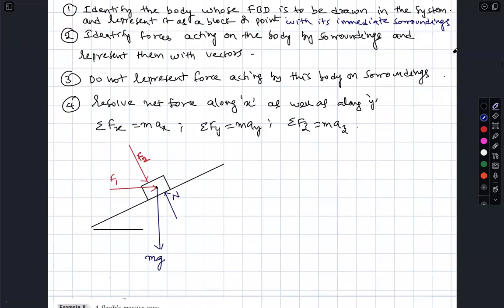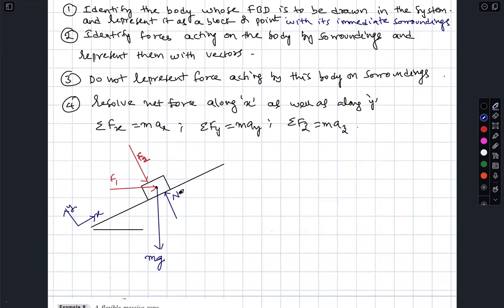So I have shown it with surroundings, and the inclined plane with the horizontal is represented as it is. Now what will I do? I will define this as the x-axis and this as the y-axis. That's all. Now I will try to represent the forces.